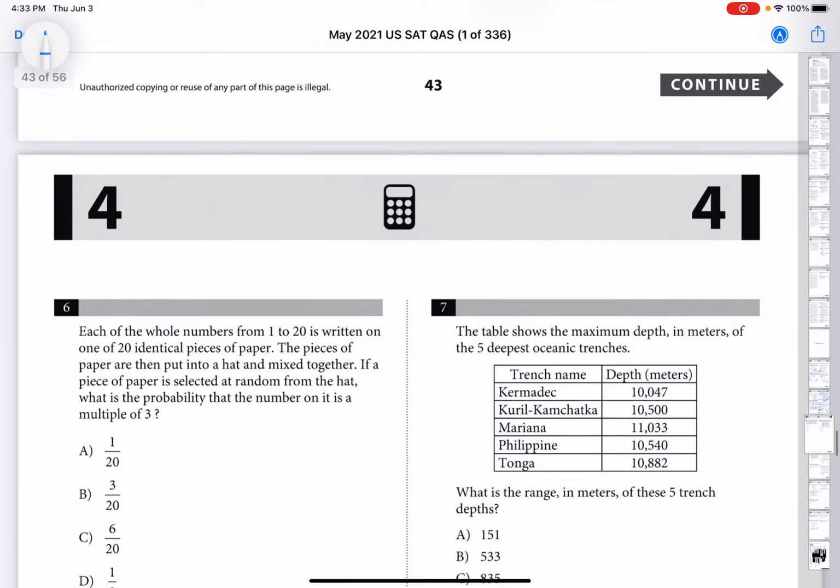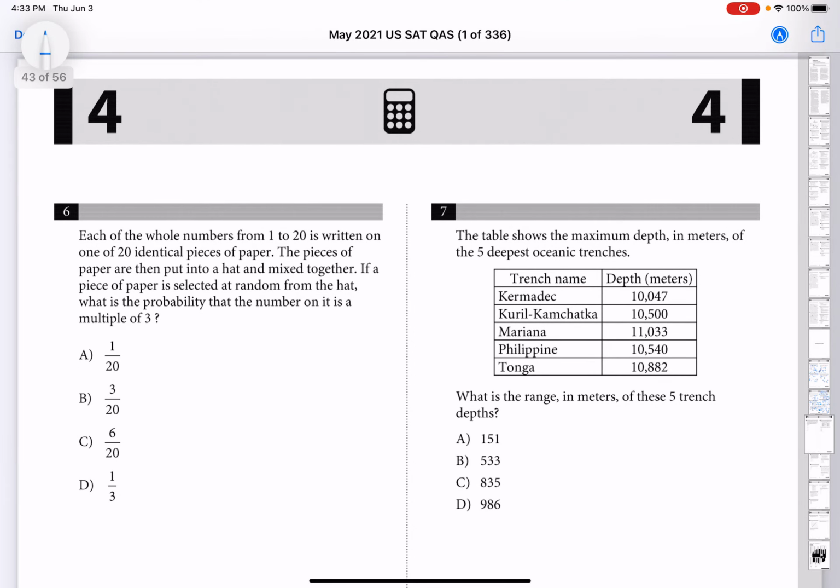Okay, moving on to the next question, number 6. Each of the whole numbers from 1 to 20 is written on one of 20 identical pieces of paper. The pieces of paper are then put into a hat and mixed together. If a piece of paper is selected at random from that hat, what's the probability that the number is a multiple of 3?